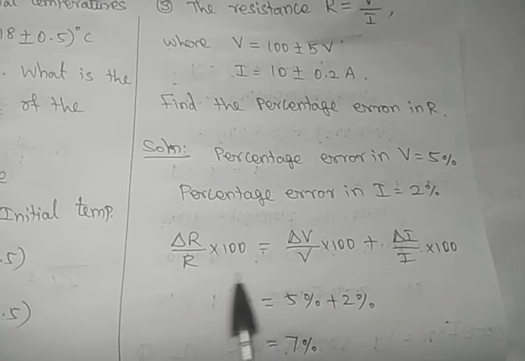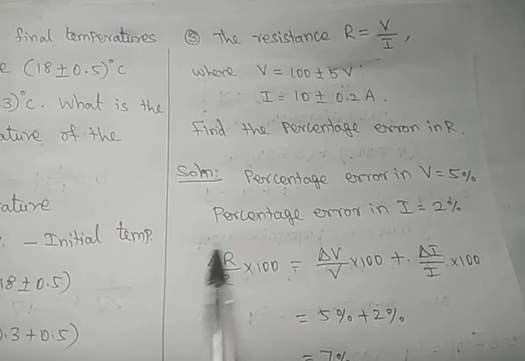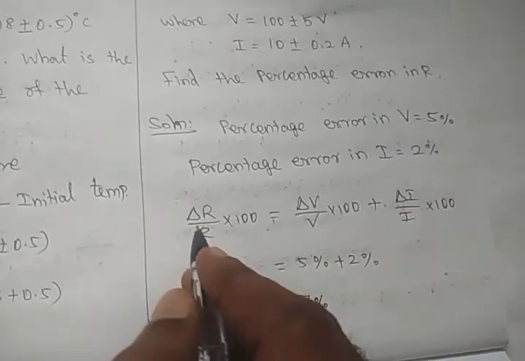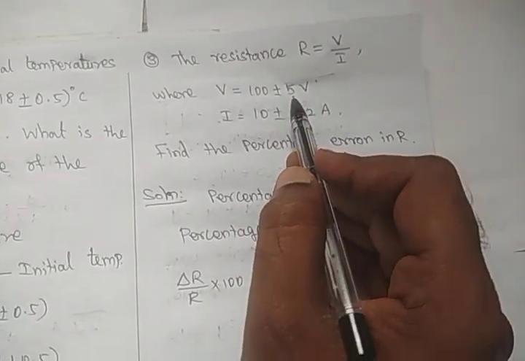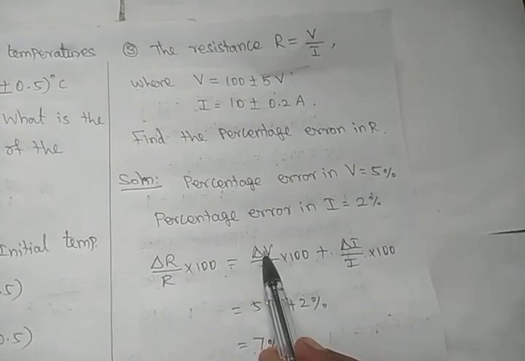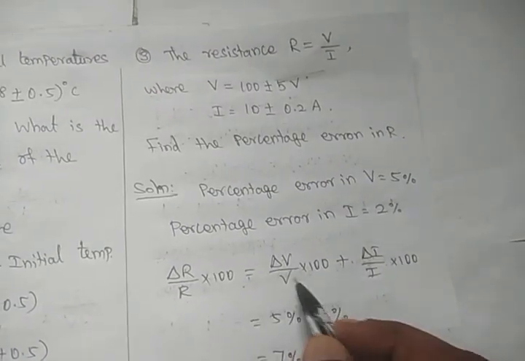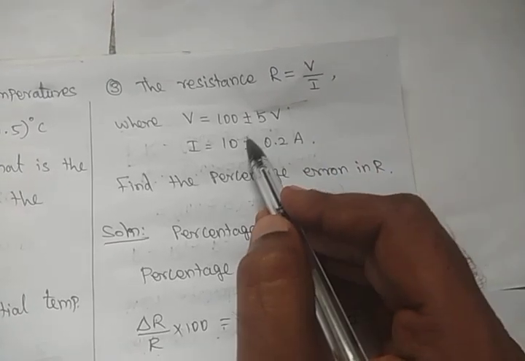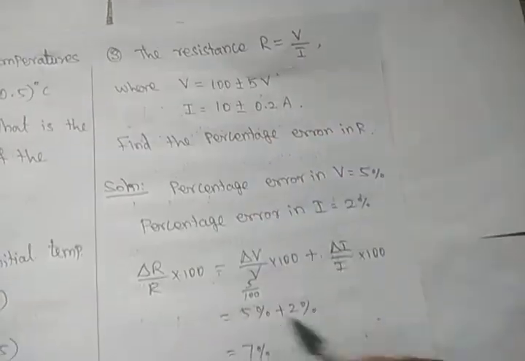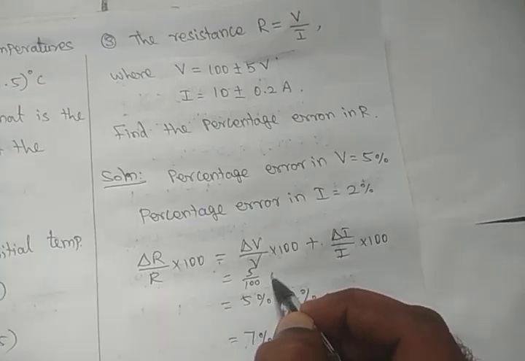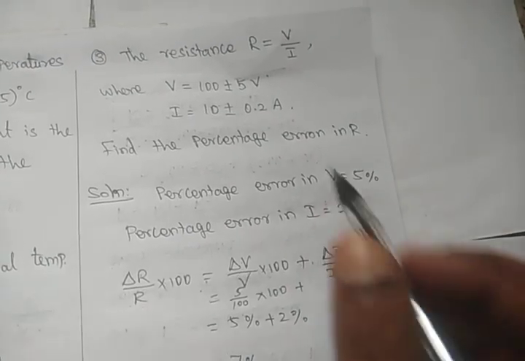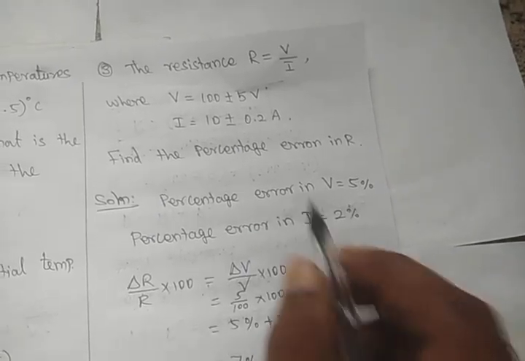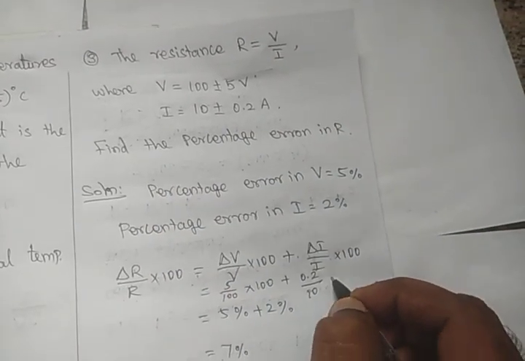Students may ask, if we apply the formula in this question, how do we get this same formula? So for delta V we have 5 volt, so I put 5 divided by V, which is 100, into 100, plus delta I, 0.2, divided by I value, 10, into 100.